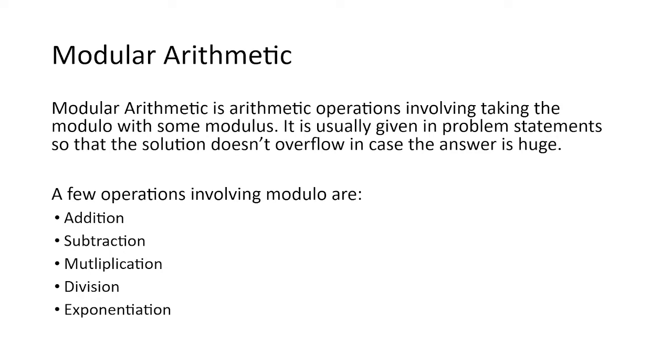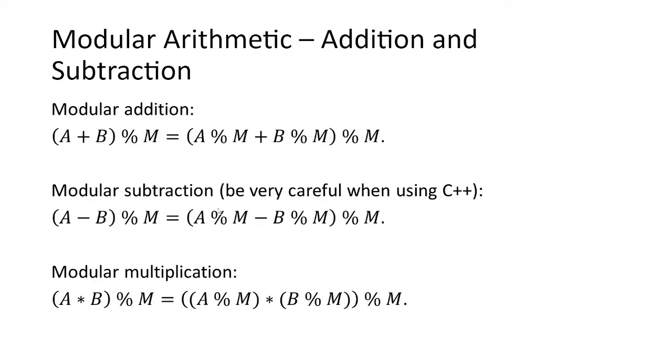So what we do is we take the mod of the answer, mod of 10 raised to 9 plus 7, or mod of any other prime number, so that we still have the answer and it doesn't overflow. But in these cases, we need to understand how to add, subtract, and perform these mathematical operations when modulus is involved. So these are the basic formulas.